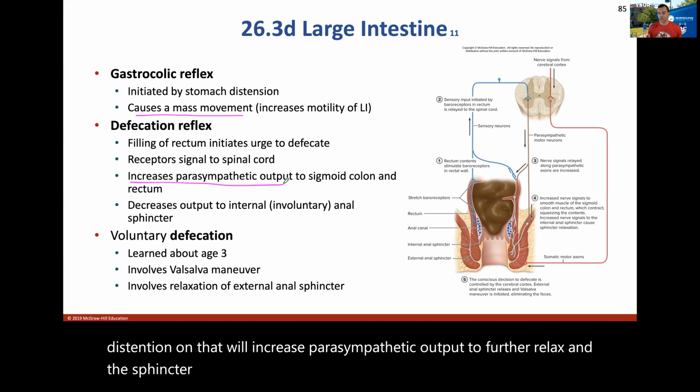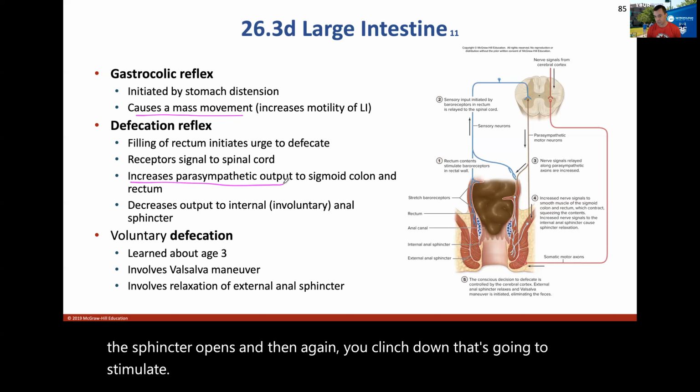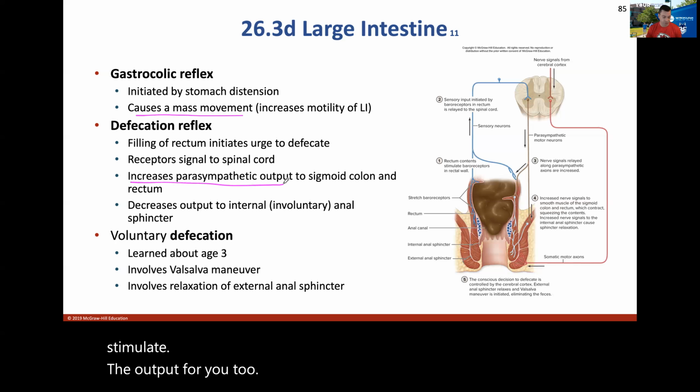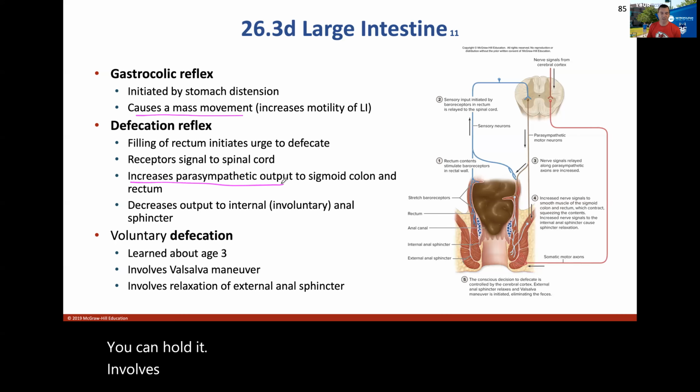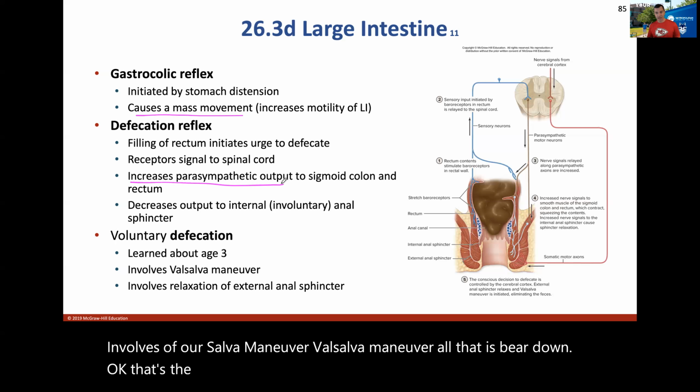And then again, you clench down. That's going to stimulate the output for you to pinch up the external anal sphincter, and you can hold it. It involves a Valsalva maneuver. Valsalva maneuver, all that is bear down. If you do that and all of a sudden you get a bunch of pain in your low back, you've got a disc issue.